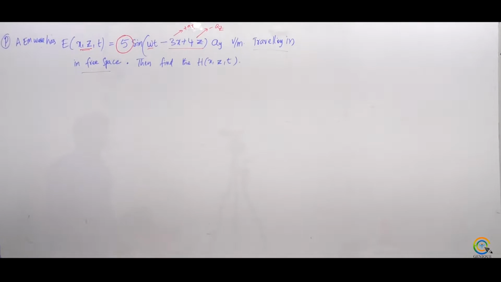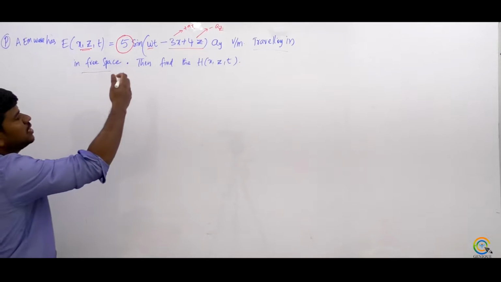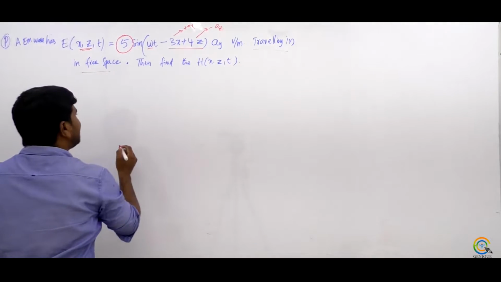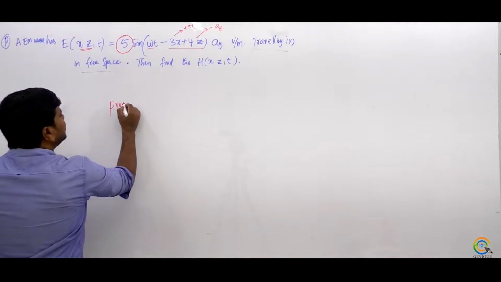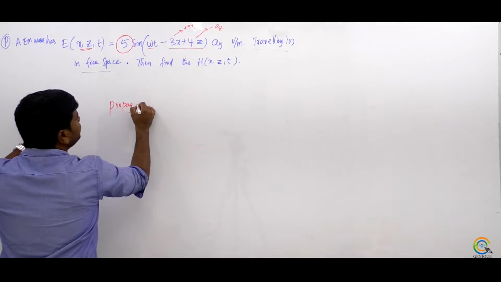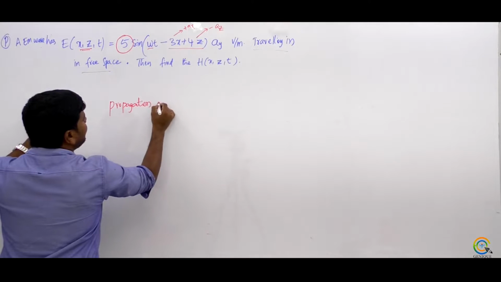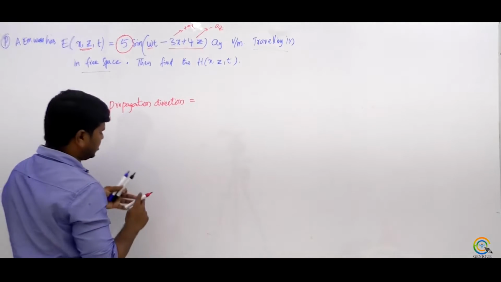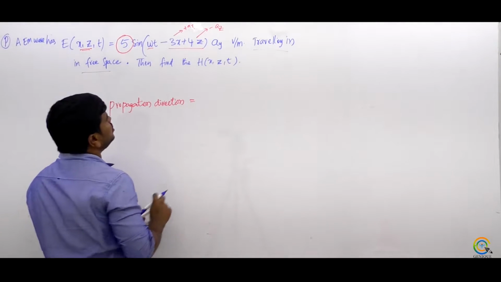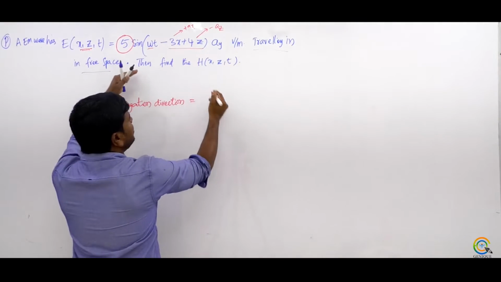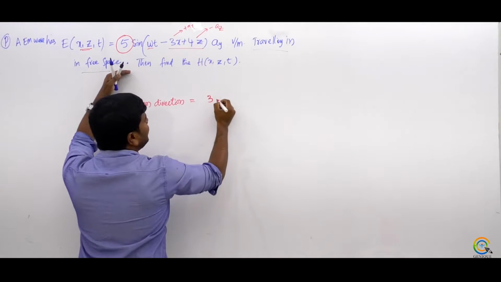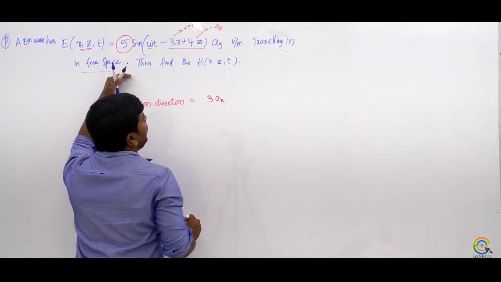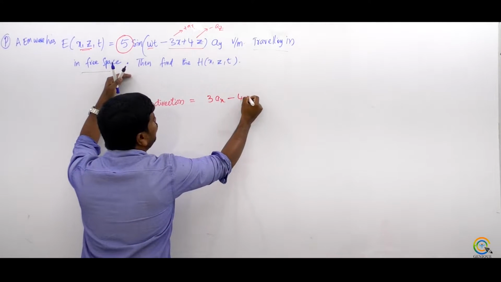Now what will be the propagation direction? From this you have to identify the propagation direction. The propagation direction is equal to 3ax minus 4az.